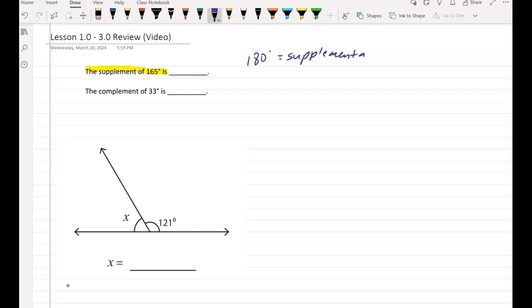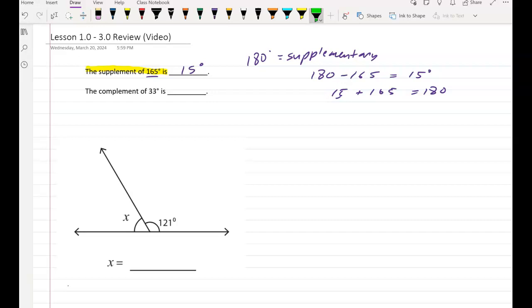If we want to find the supplement of 165, all we have to do is take 180 and subtract 165. That would give you 15 degrees. So the supplement of 165 degrees is 15 degrees because 15 plus 165 equals 180.